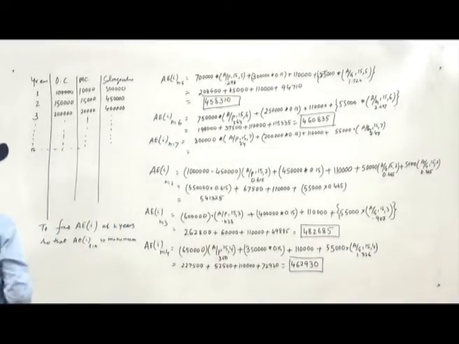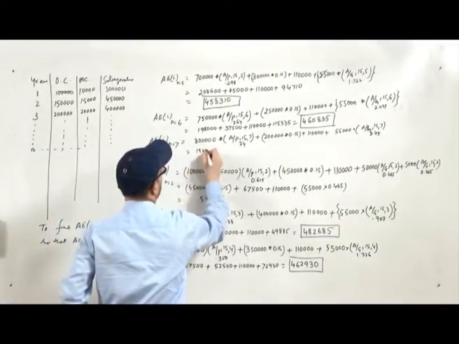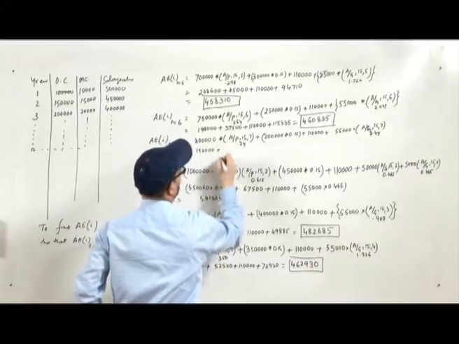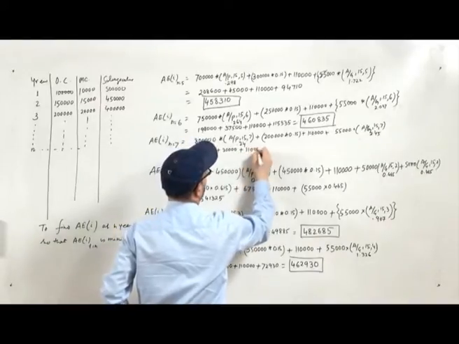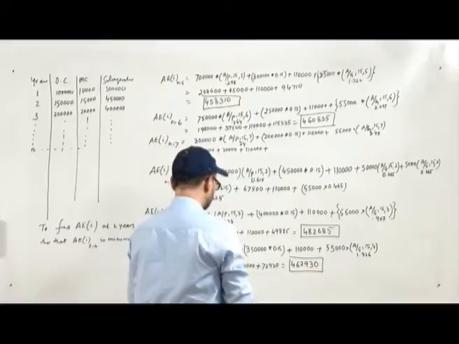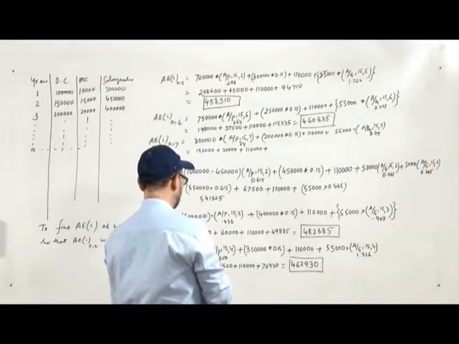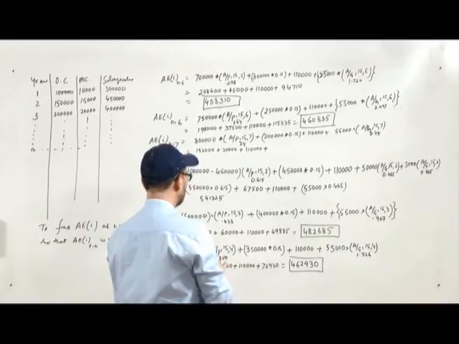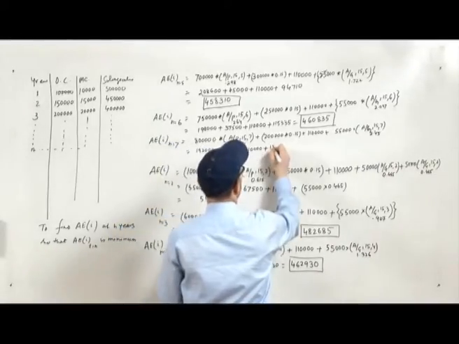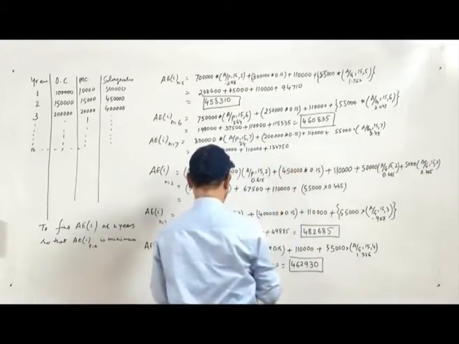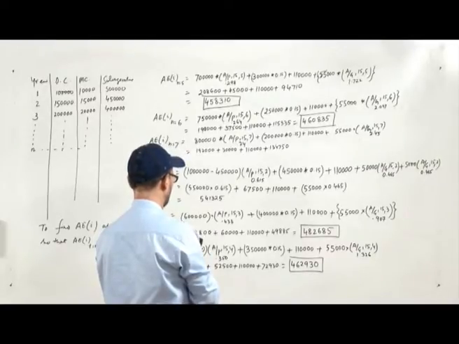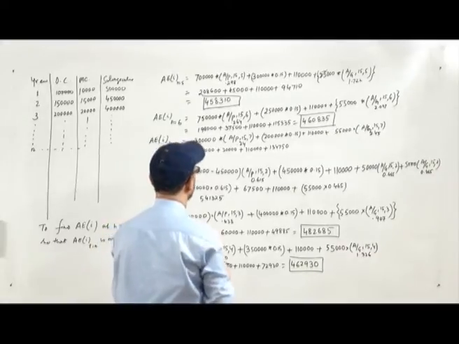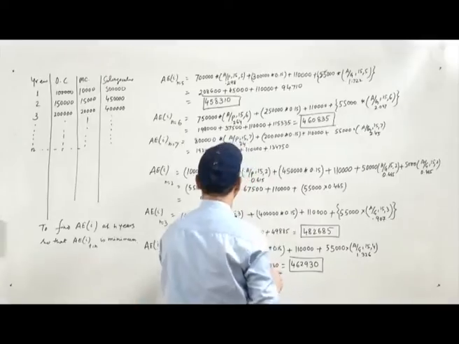So, if you look at that, it will be 1,92,000 plus 30,000 plus 110,000 plus 2.45 times 55,000, that is 134,750. It comes out to be 466,750.